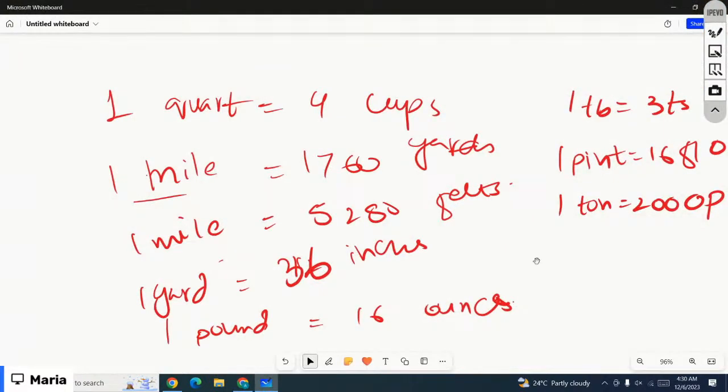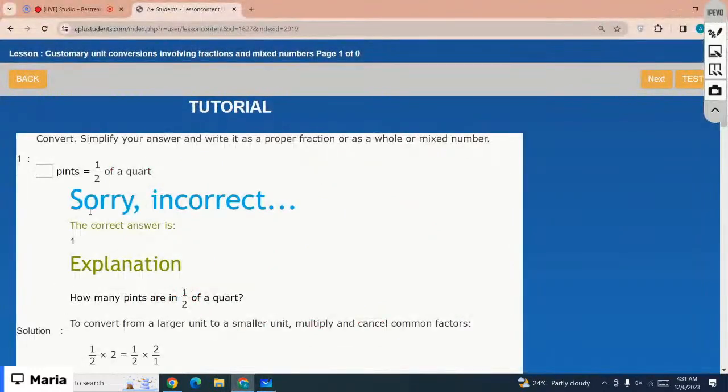You have to convert from quart to pints. 1 quart equals 2 pints, right?